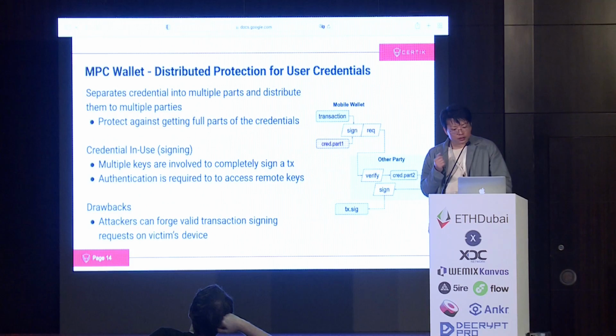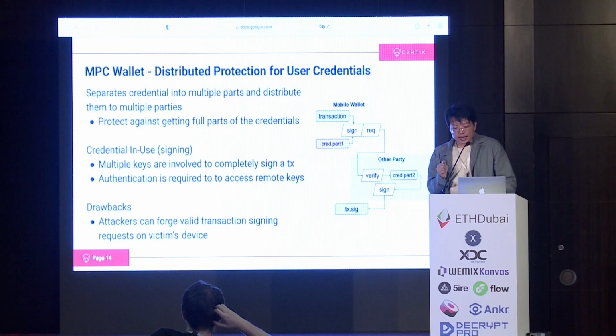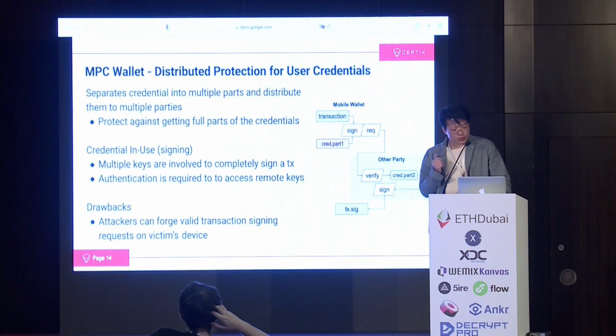Because all the information being verified comes from the mobile device, attackers can still forge valid transaction signing requests and use the remote keys without actually having access to them. This means that even if an attacker can't get a remote key, they can still use it. This indicates that purely software-based solutions cannot perfectly protect credentials in use when facing a compromised device threat.